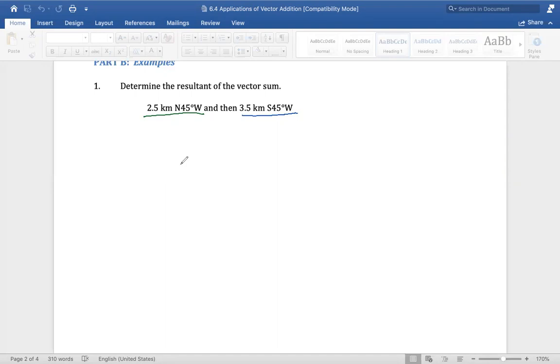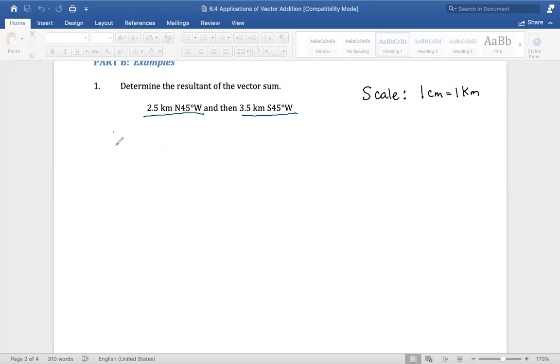First, we need to look at both of these magnitudes and come up with a scale. We're going 2.5 kilometers, and then 3.5 kilometers. It doesn't need to be that large, so we could just say 1 centimeter equals 1 kilometer, because we can draw something that's 3.5 centimeters long and 2.5 centimeters long.